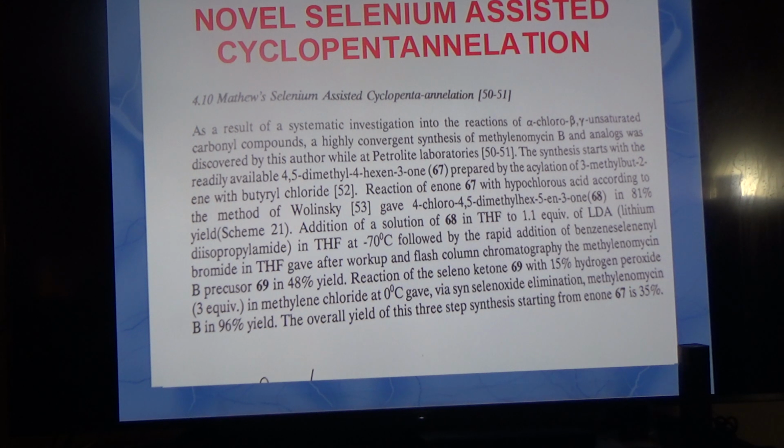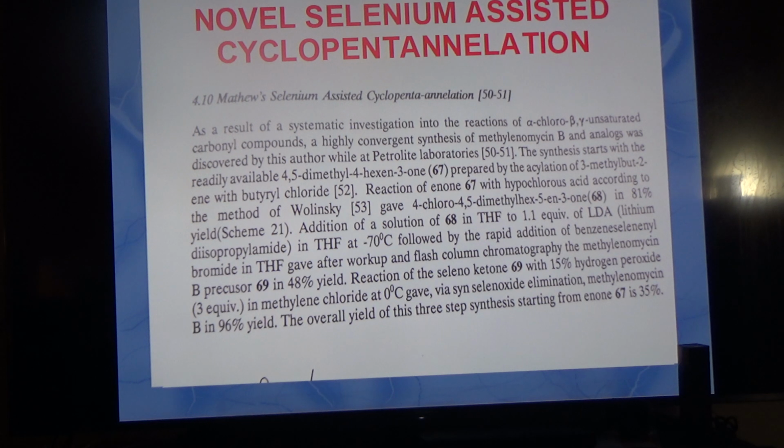It is a selenium-assisted cyclopentenylation because the cyclopentenone ring is created with the selenium on it. Essentially, selenium is important for this cyclization to proceed and to continue with the synthesis of methylenomycin.